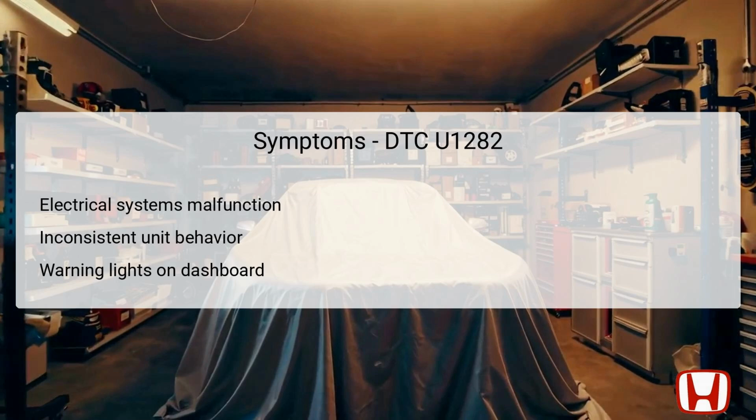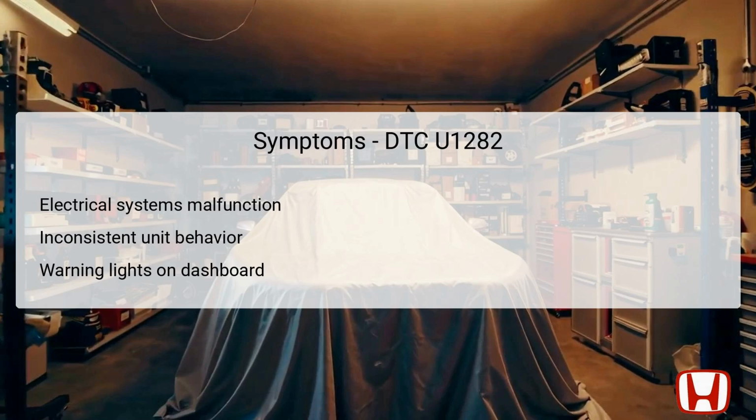When DTC U1282 appears, a variety of symptoms may manifest in the vehicle's performance. Electrical systems may start malfunctioning, leading to features such as lights not functioning correctly or windows failing to operate. Users may also notice inconsistent behavior from various controls, making it difficult to predict which systems will work at any given moment.